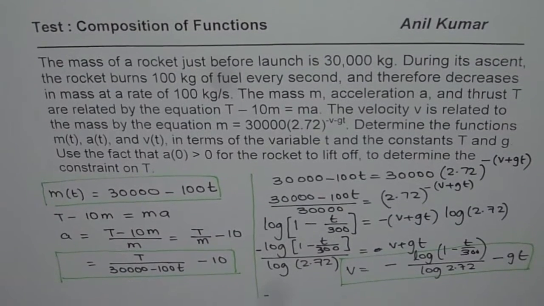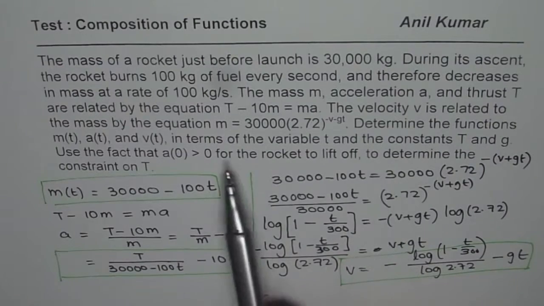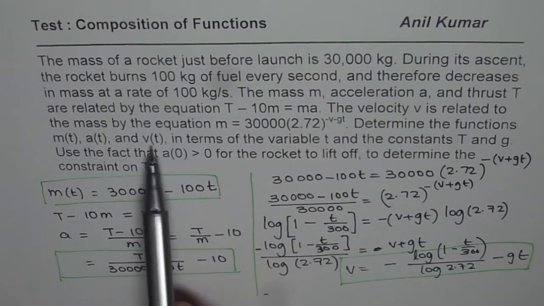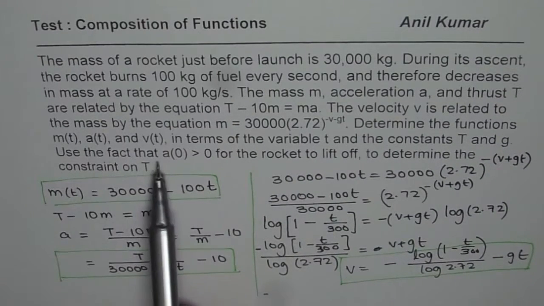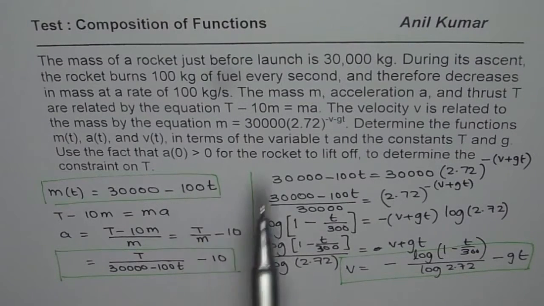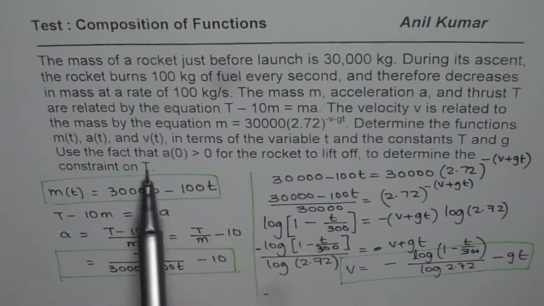Now one part of this is left, and that is: determine the functions m of t, a of t, v of t in terms of variable t and the constants T and g. Use the fact that the initial acceleration is greater than 0 for the rocket to lift off to determine the constraint on T.